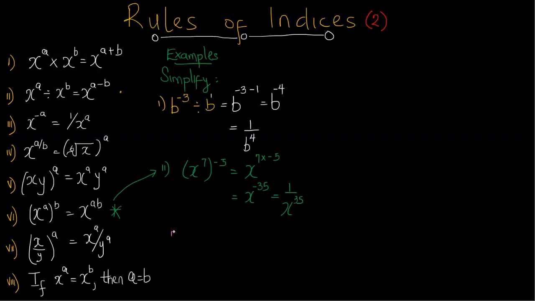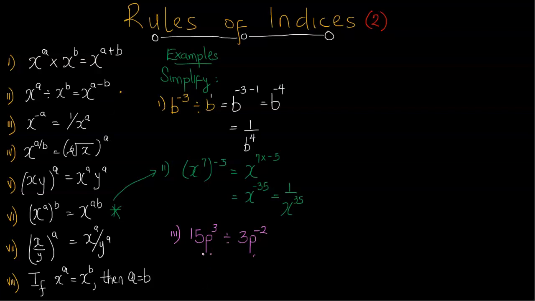This is looking good. Question 3, we've got 15p raised to the power of 3 divided by 3p raised to the power of -2. Now looking at this, we would see that we've got p and p on either side of the division sign. So it looks as though the second law is going to work.